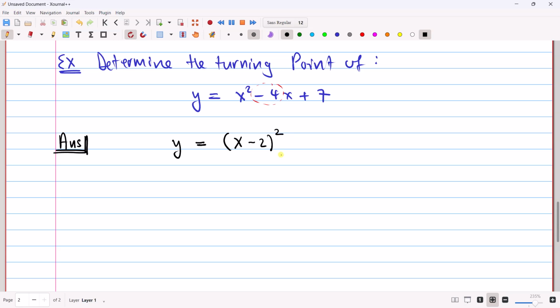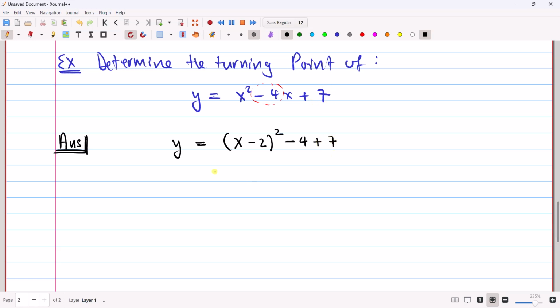Immediately after squaring outside the bracket, you put a negative. Then after that negative, you take the number that you have inside the bracket, in this case this one, and you square that number. If you take this number and square it, it will become 4, then you place it next to that negative. Then after that, you put the constant that was originally there. So you bring down 7.